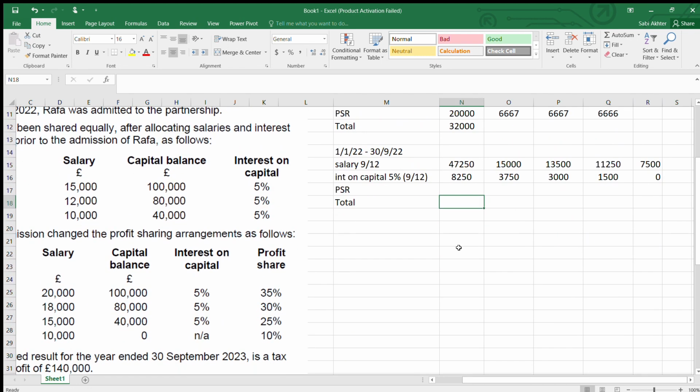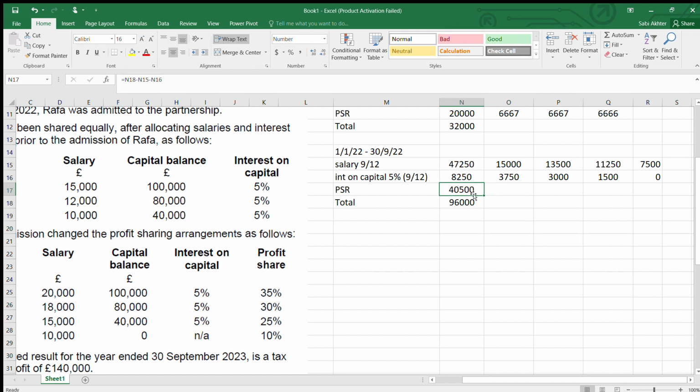This you have to take for 9 months. 96,000. So here 40,500.